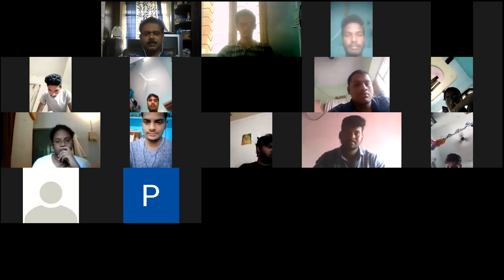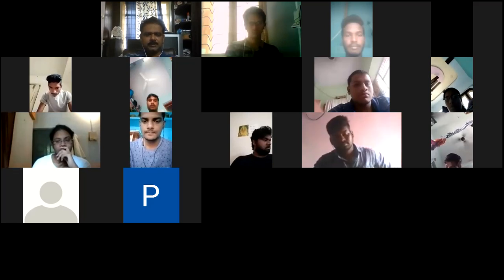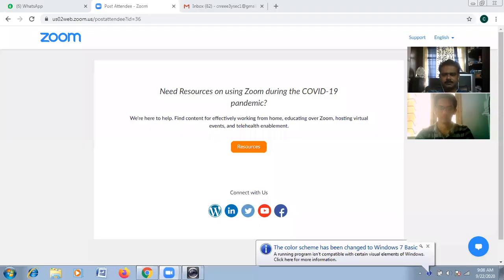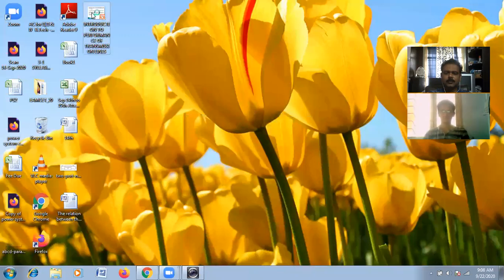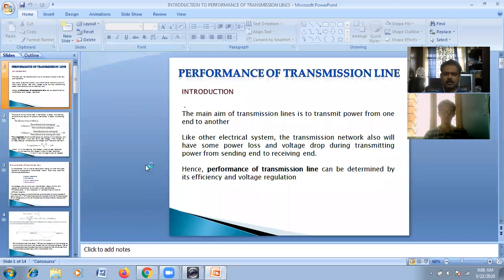If the length is between 80 to 160, it is termed as a medium transmission line. If it is greater than 160, it is termed as a long transmission line. That's what we have seen in the earlier classes.